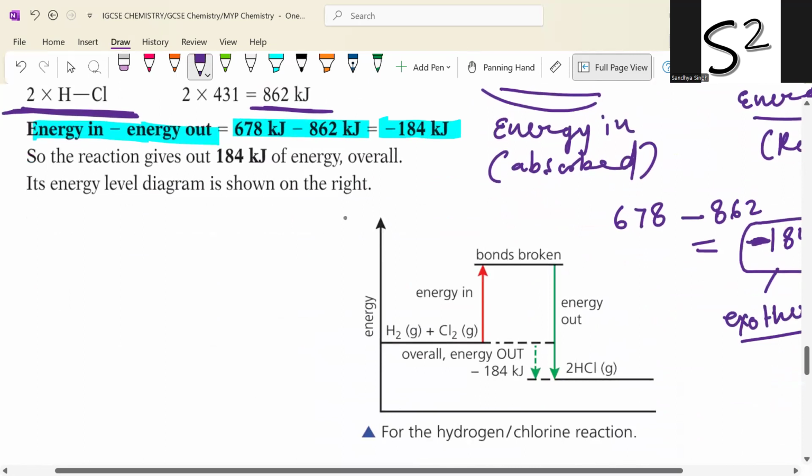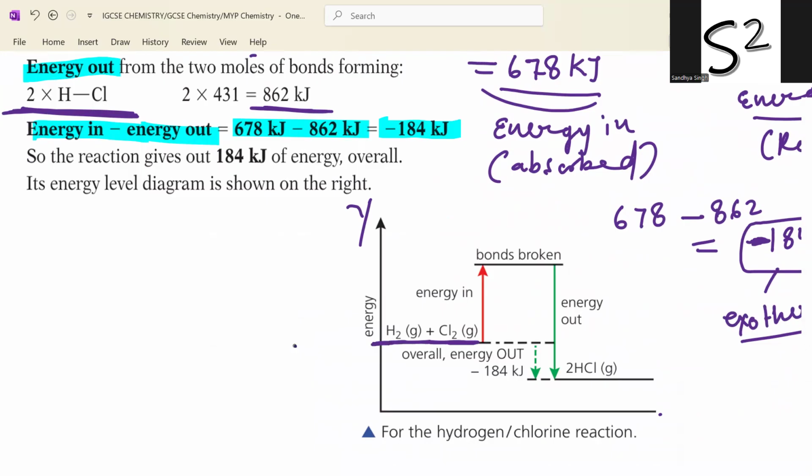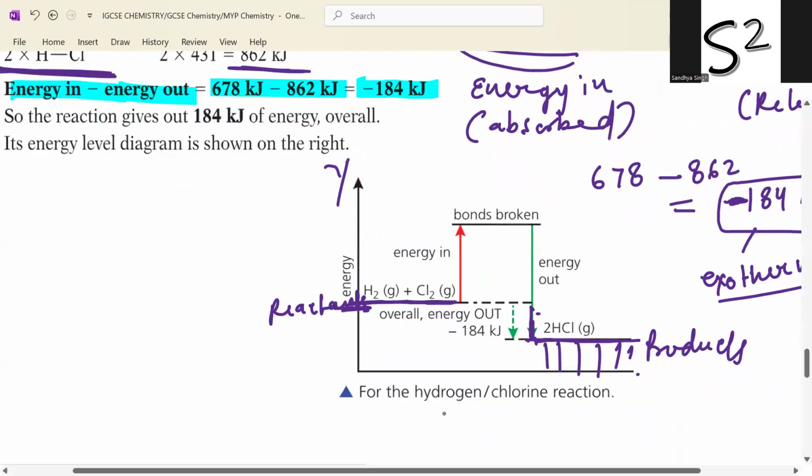Energy is on the y-axis. This is the energy of reactants, and this is the energy of products. We can see the energy of products is on the lower side, while the reactants are on the higher side. So this is the energy level diagram for an exothermic reaction.